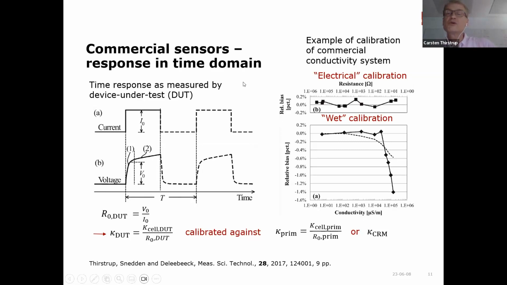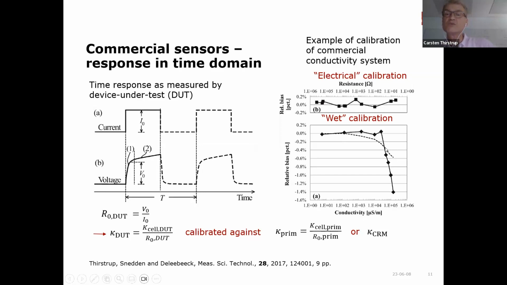But one thing we observed with these instruments is that if we make an electrical calibration, where we attach standard resistors to the readout unit, and then make a wet calibration, where we attach the sensor and immerse it into electrolyte solution, we can see that sometimes in the electrical calibrations, where the resistors simulate the conductivity, we get low variation in the relative difference between the reference measurements and the measurements as read out by the DUT.